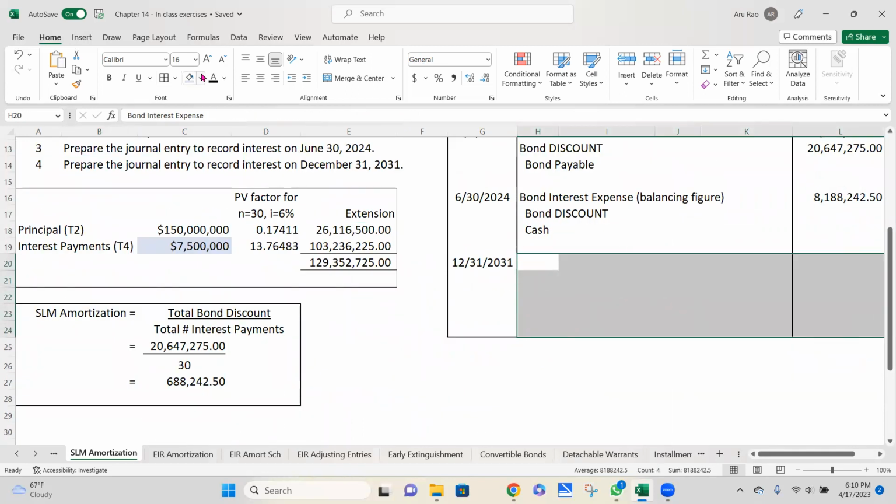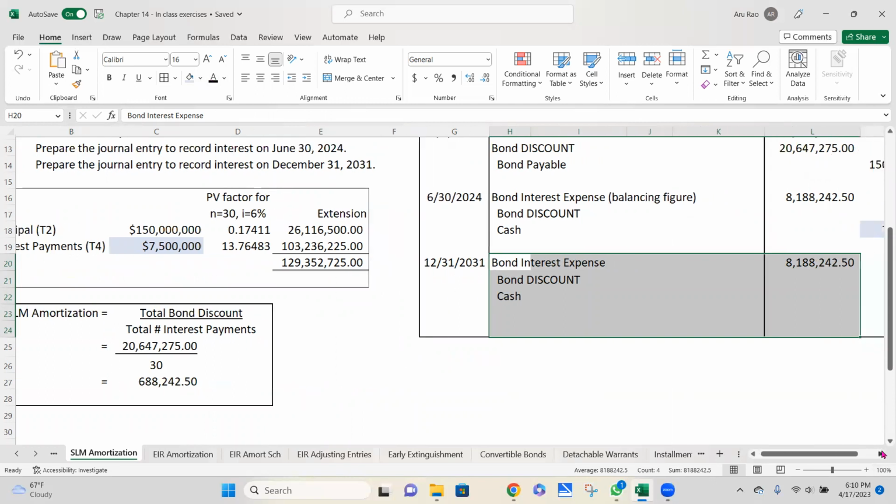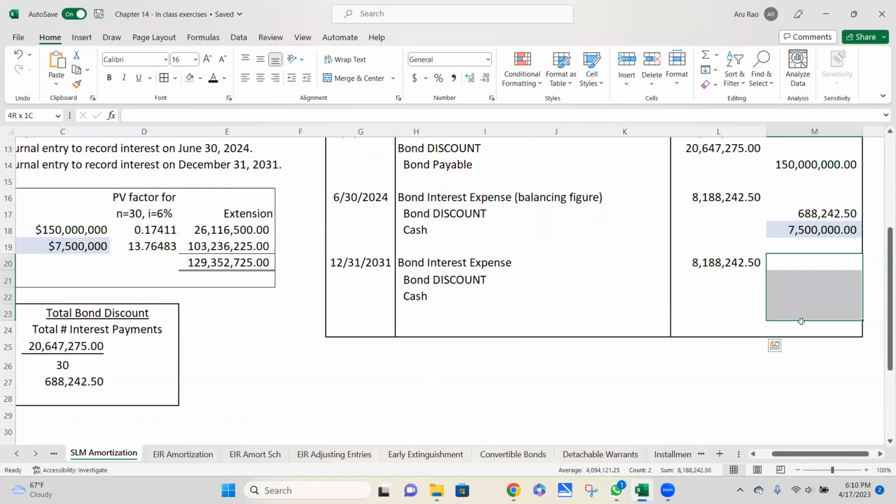Those numbers are going to look identical. Nothing is going to change. This journal entry is going to repeat 30 times until we have fully amortized the bond discount. So that's a great thing about the straight line method. Once you do the calculations, it stays the same for the life of the bonds.